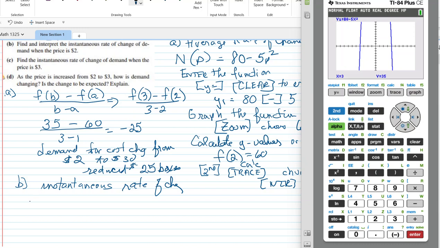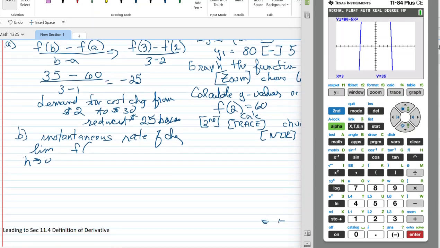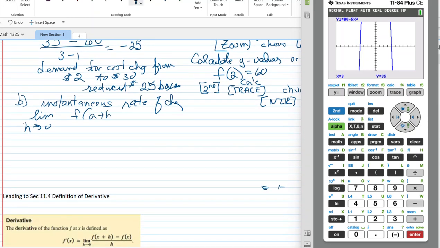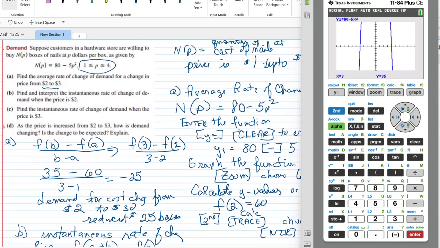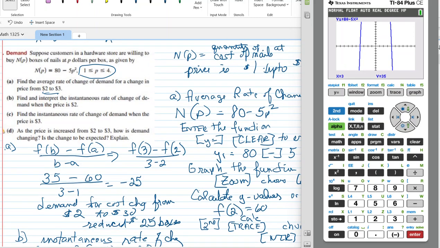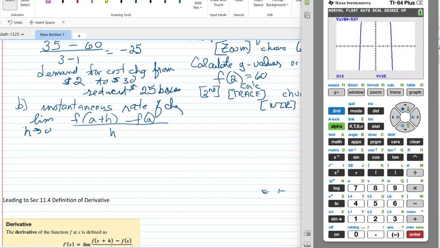So this is the limit as h approaches 0 of f of a plus h minus f of a all over h, using what they wrote for the function. In this case, a represents the function. And in replacement of that p, we will put the x, or p plus h. So here we go.